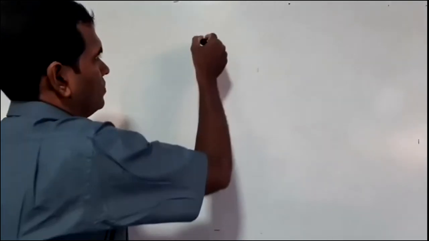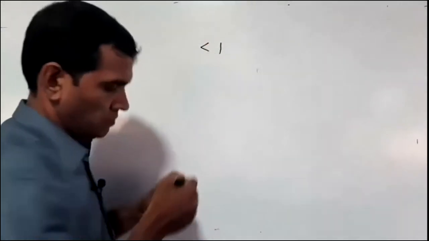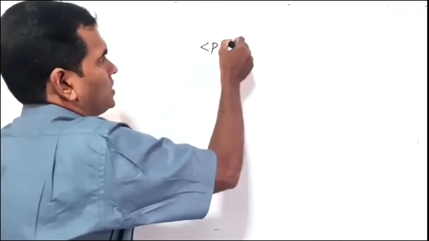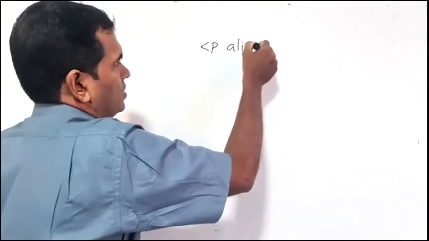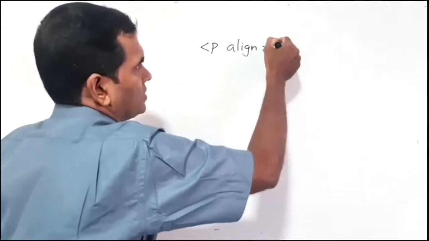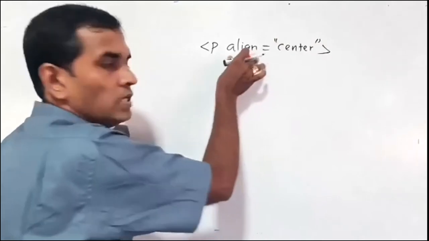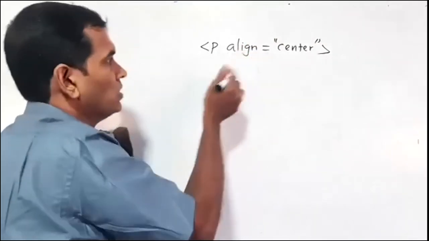That is an attribute. P space align equal, there may be a value, maybe center. So this is one instance where we use an attribute.